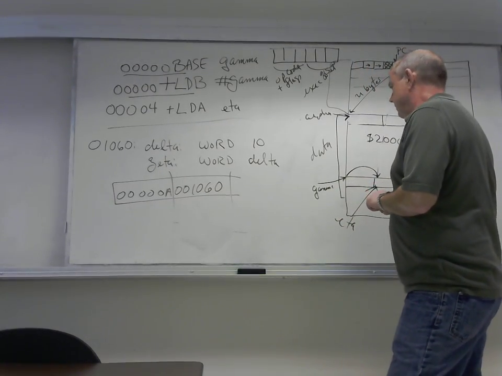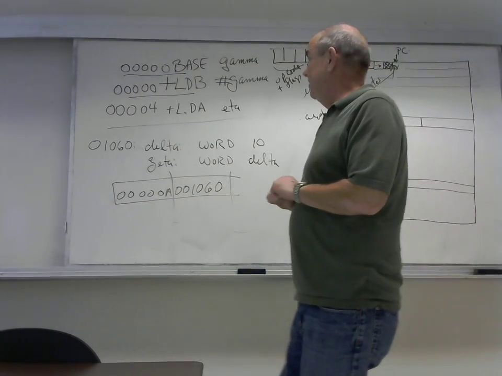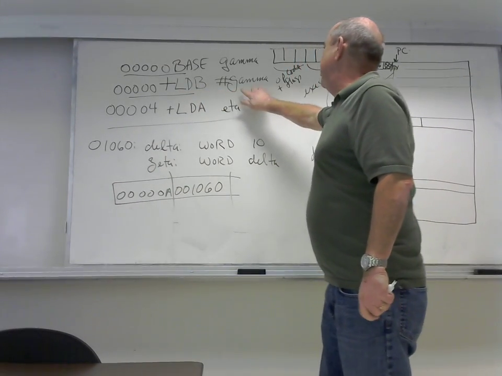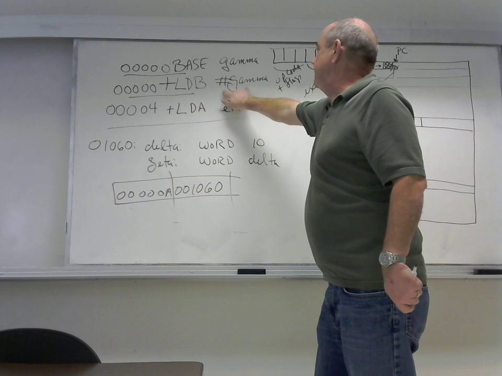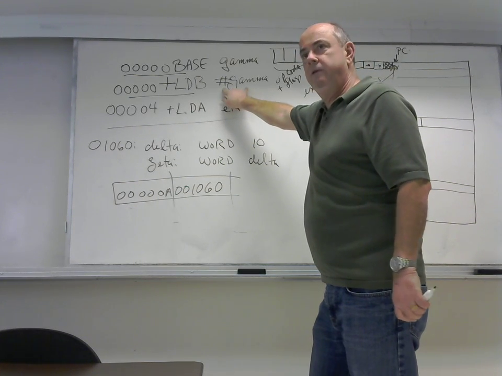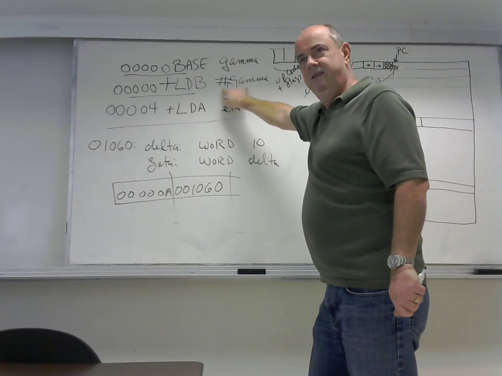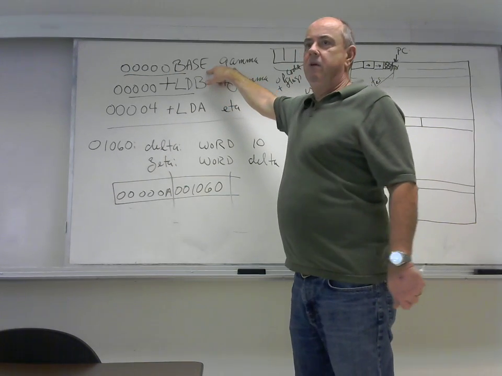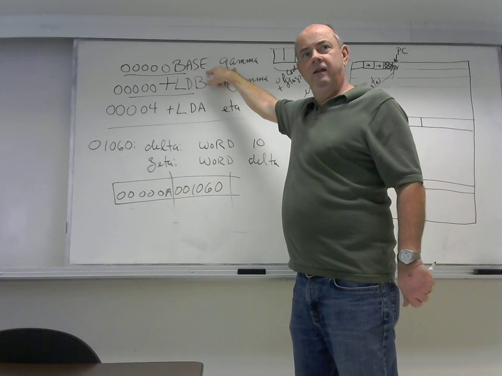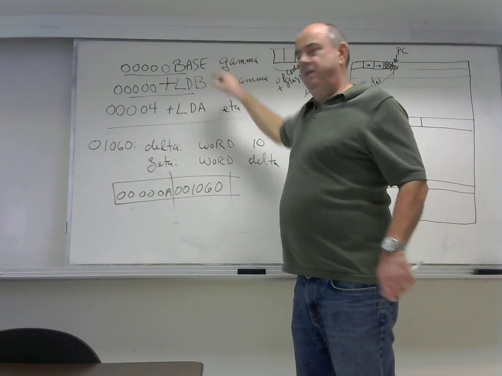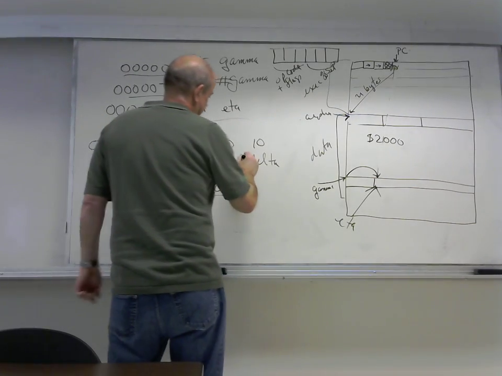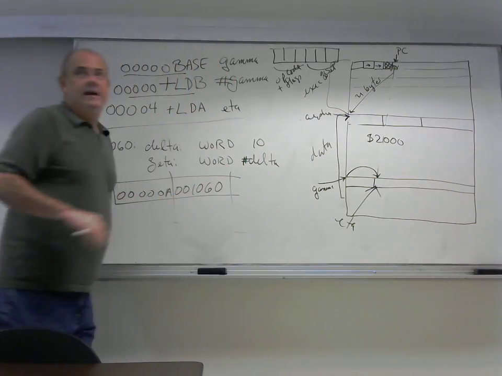Addressing modes, on the other hand, go with machine instructions. Therefore, LDB pound sign gamma makes sense. This is an addressing mode, the immediate value of gamma, which is its address. Here, there are no addressing modes. That's not a machine instruction. Therefore, doing something like this is nonsense.